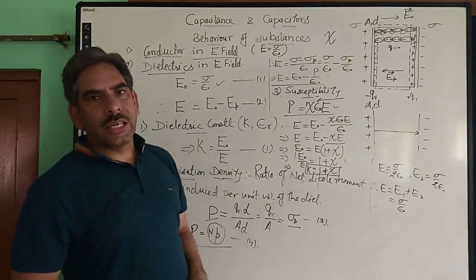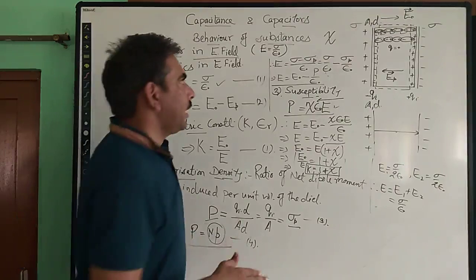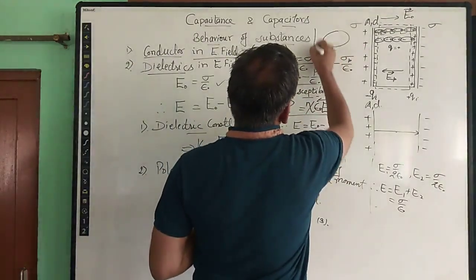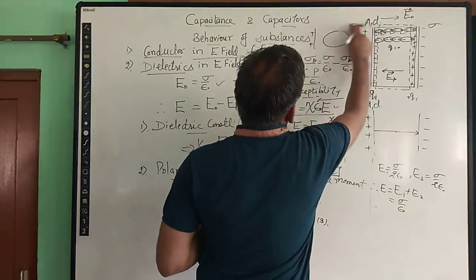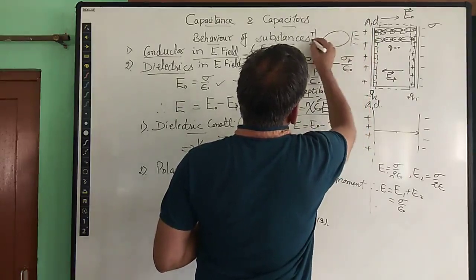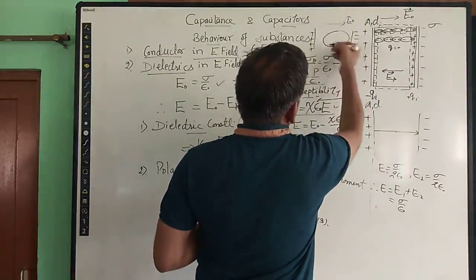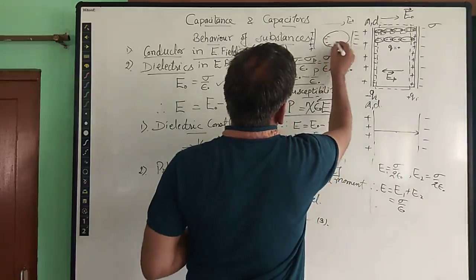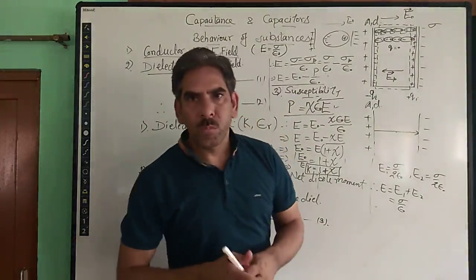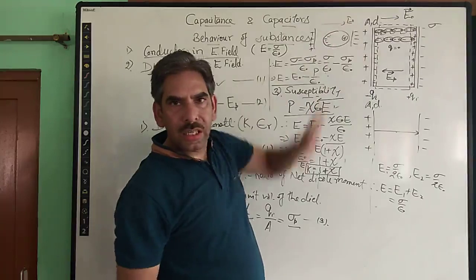And one last thing that I want to mention: what happens to an atom whenever it is subjected to some external electric field. Suppose we are applying some external electric field E naught to some atom so that its negative and positive charges get separated, but still the positive and negative charges are in the atom.